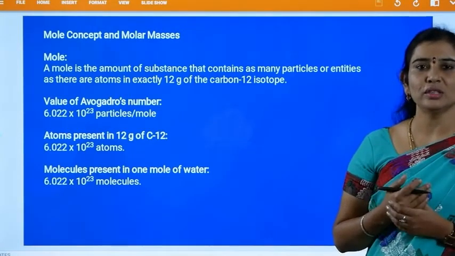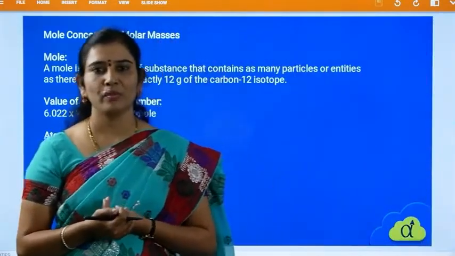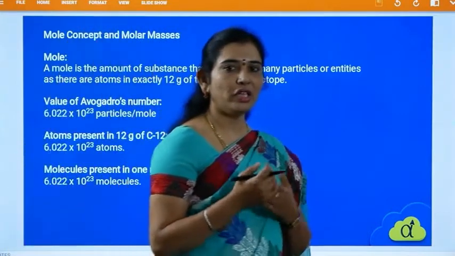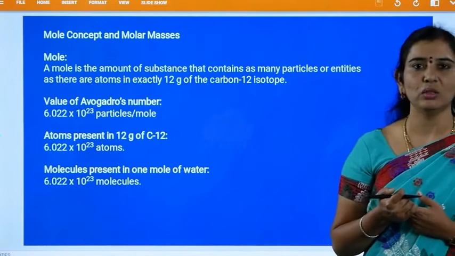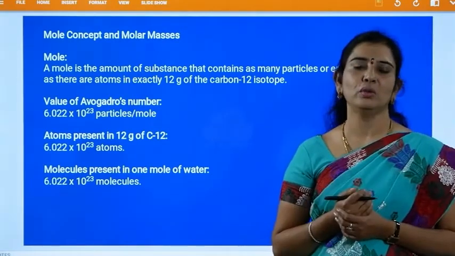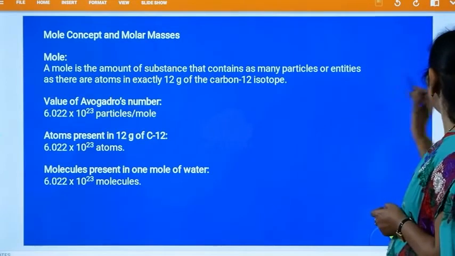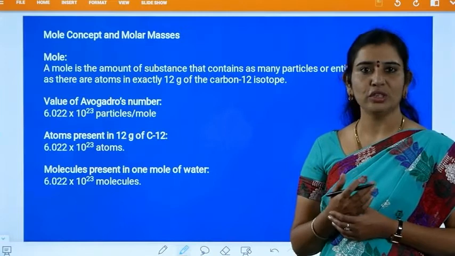To know that, chemists have discovered a unit, the unit which indicates the number of atoms or ions or molecules, usually atoms and molecules. What do we call that scientific unit that chemists discovered?